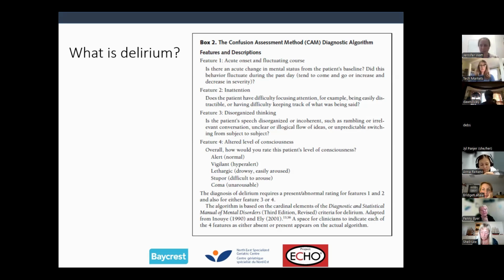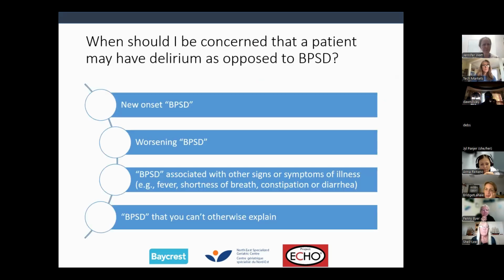I'm trying to speak with somebody else, and they're not very goal directed in their speech, or they're talking about this and that, and I can't follow their conversation at all. That's somebody who's disorganized. And then, of course, the fourth part being the altered level of consciousness, which sometimes is hyperactive, but we know prognostically that being hypoactive or lethargic is actually just as important. And so recognizing changes both ways is really important.